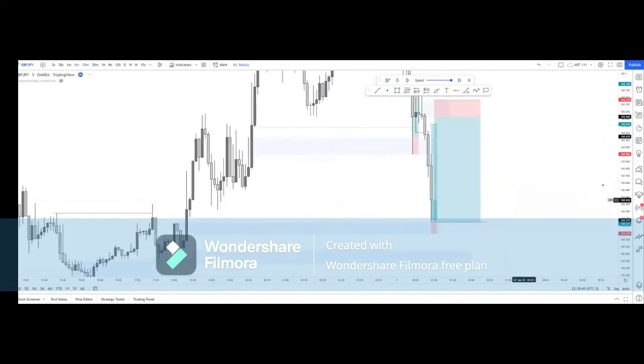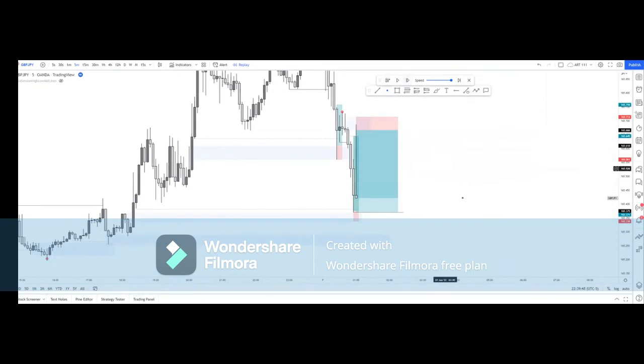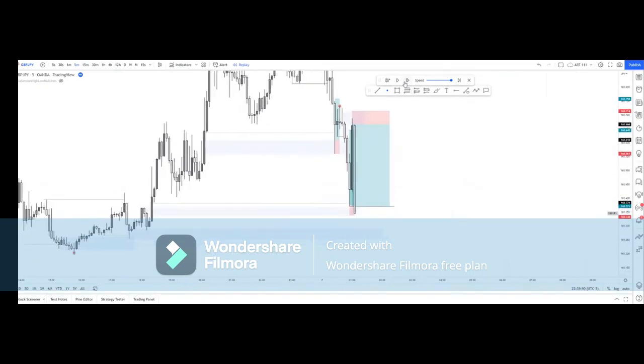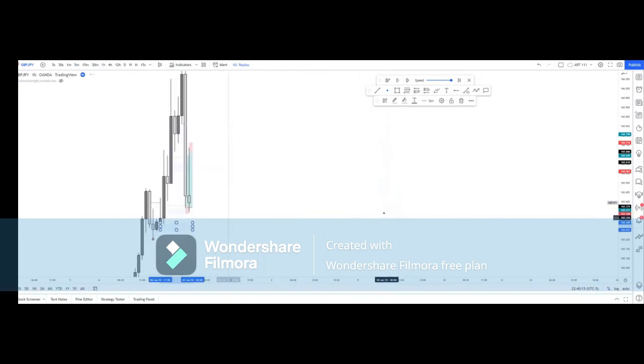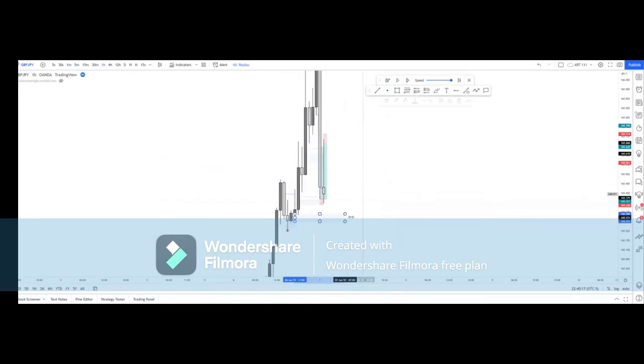Price created a 3 candle formation right here. 1, 2, 3. That is liquidity. That is being fed into this unmitigated POI, unmitigated QM, the closest POI to liquidity. So now we're just going back to the regular rules from the higher time frame perspective. And that's the 1 hour unmitigated wick, I believe, around there.